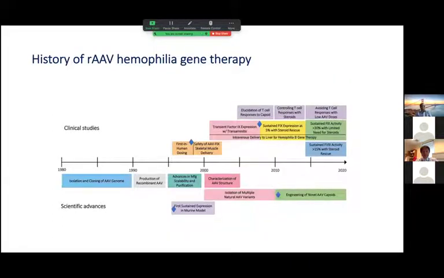And I use hemophilia as one example because this is one of the diseases for which there's a long history. You can start looking back again to the early 1990s with the original production of recombinant AAV vectors. The first in-human dosing included a skeletal muscle delivery where the efficiency and the levels of persistent factor IX weren't sufficient.